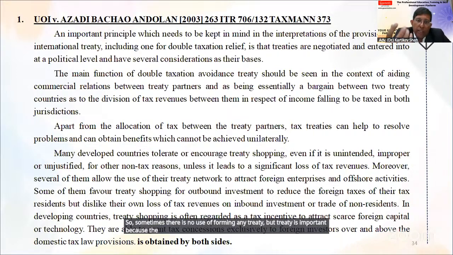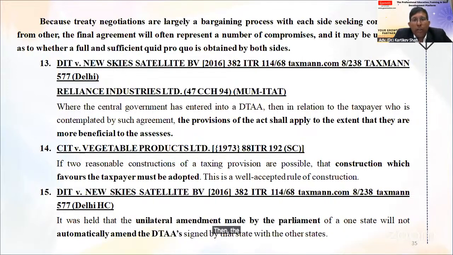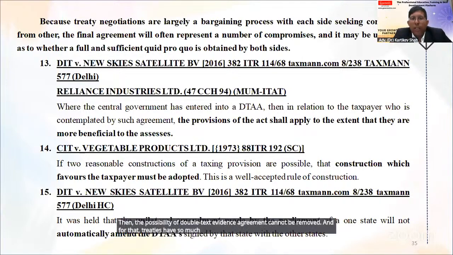Because every country has its domestic taxation law, but what about the common agreement between countries? Unless there is a common agreement between two countries, the possibility of double taxation cannot be removed. For that, treaties have so much importance, and we cannot remove that importance.